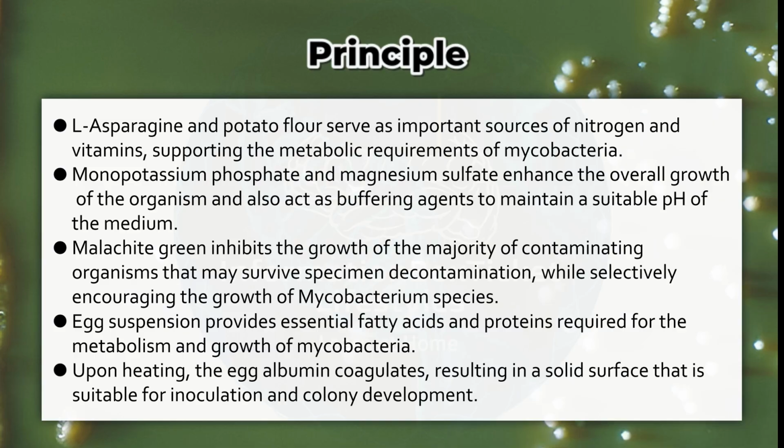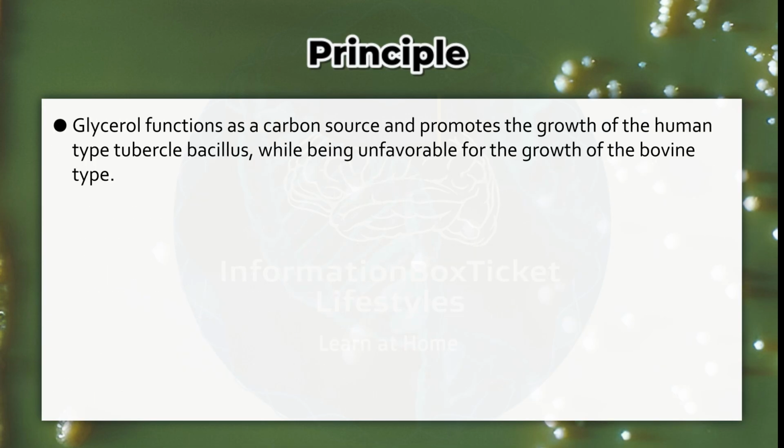Upon heating, the egg albumin coagulates, resulting in a solid surface that is suitable for inoculation and colony development. Glycerol functions as a carbon source and promotes the growth of the human-type tubercle bacillus, while being unfavorable for the growth of the bovine type.